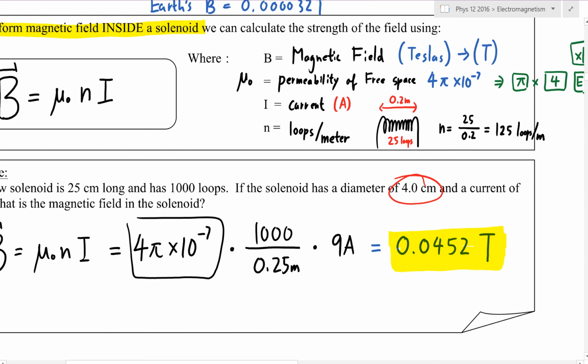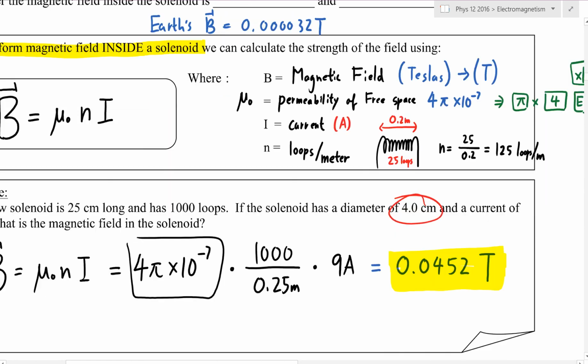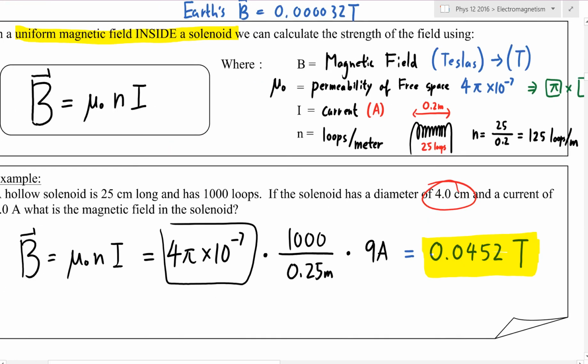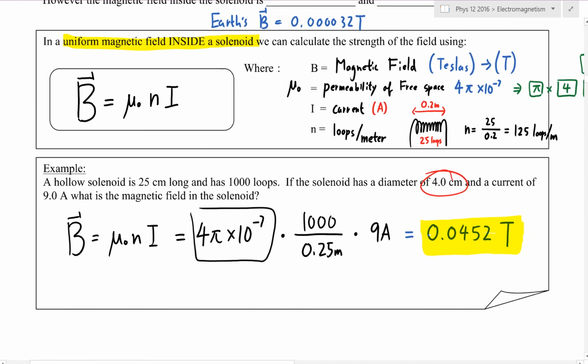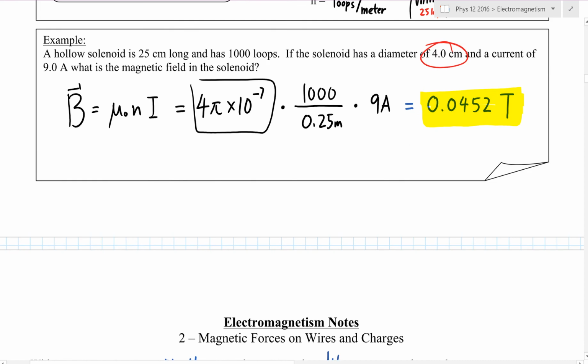All right. Now there's a worksheet number 1 associated with this day 1 note. Of course, we haven't covered right-hand rule number 2. So any question that asks for the direction of the magnetic field inside the solenoid, we won't be able to do.